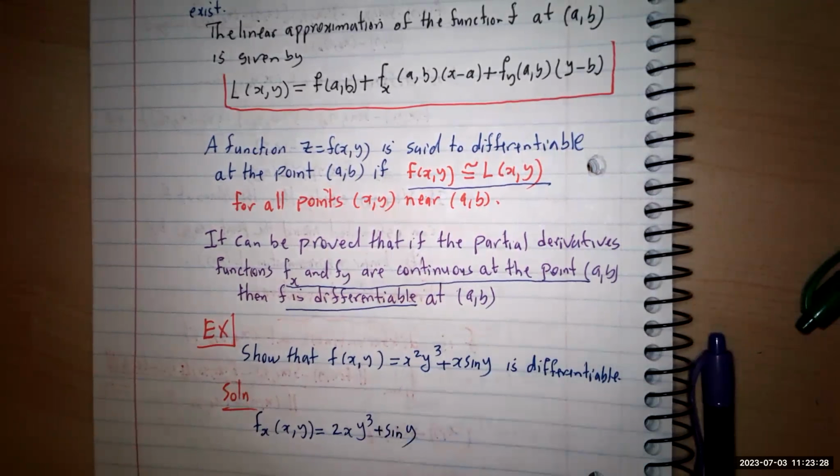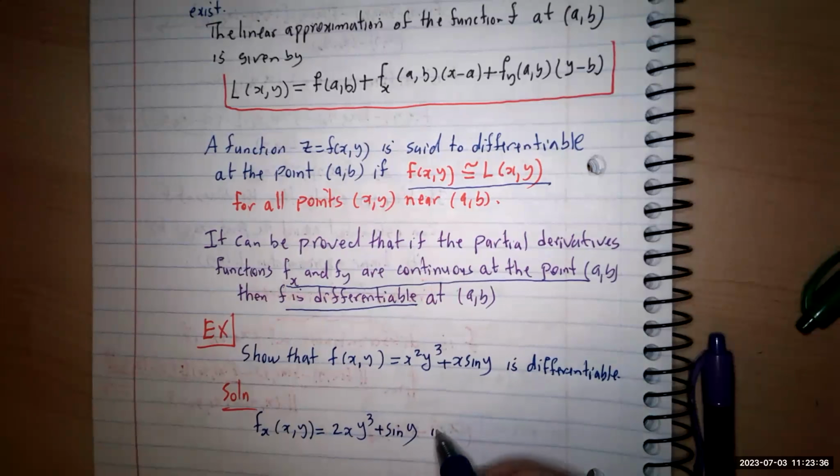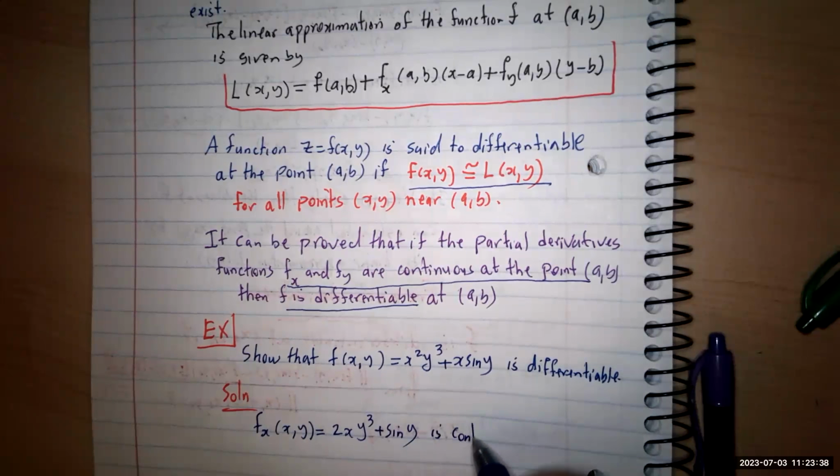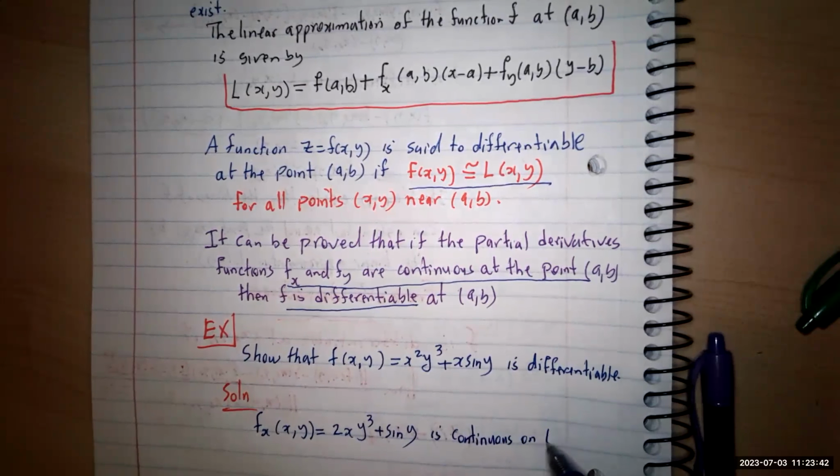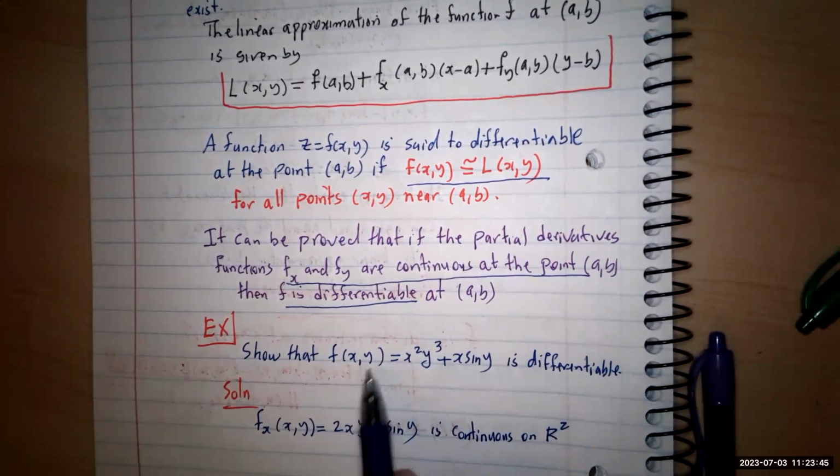That is the derivative with respect to x. Nice, it's continuous, they are all polynomials and trigonometric functions. It is continuous in the domain, which is R2, since it's a function of two variables.